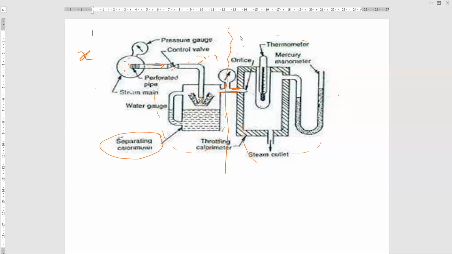It is a mixture of gas, that is the mass of gas, and water, called moisture. In the separating calorimeter, the water gets separated from the steam and is collected here, taken out through some valve or pipe. That is the mass of water.